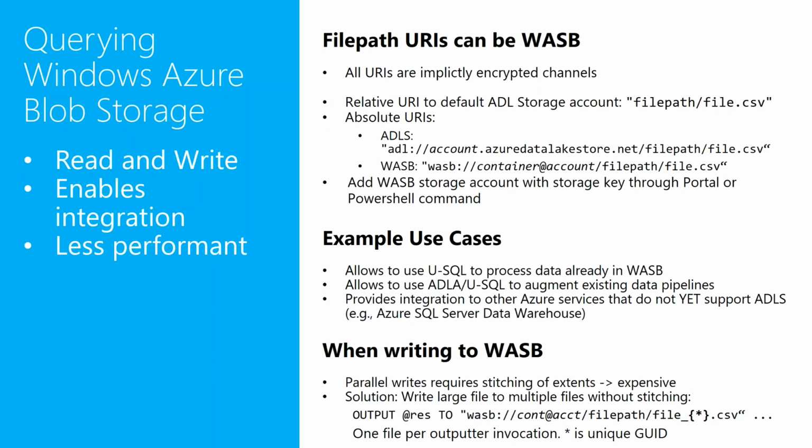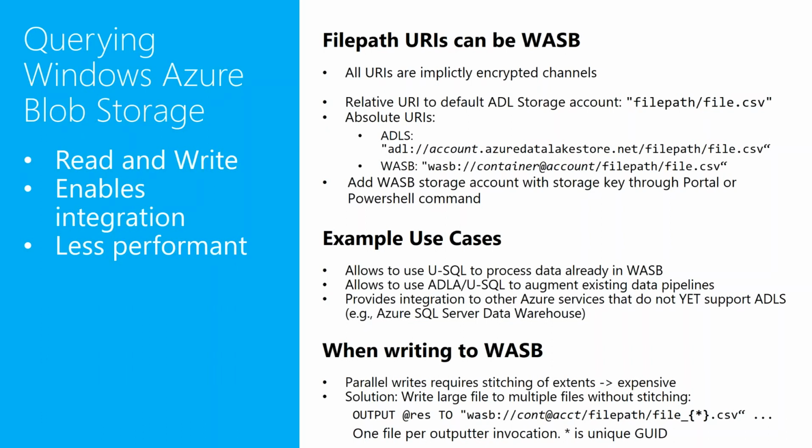One place where this shows is if you have a large output, if you write a large file into WASB, we normally write files in parallel where, if they're large enough, you will have individual, what we call extents, being written in parallel into the file system. And then at the end, during the finalization stage of the job, these extents are being stitched together.